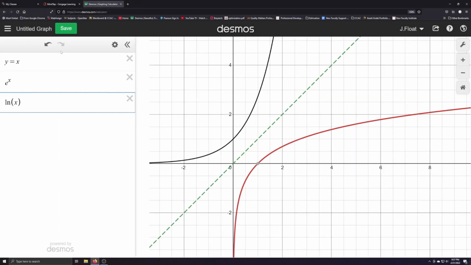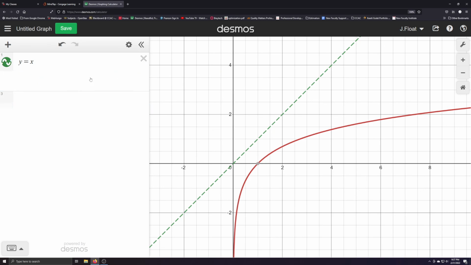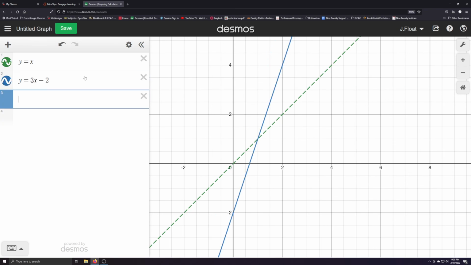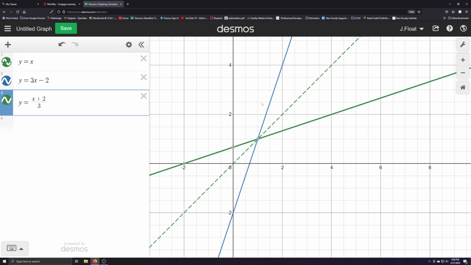So here's our graph. So I'm going to leave y equals x there. We get y equals 3x minus 2. And then down below that, we're going to do y equals x plus 2 over 3. And notice, even though they intersect right here, you still have this mirror image of each other.